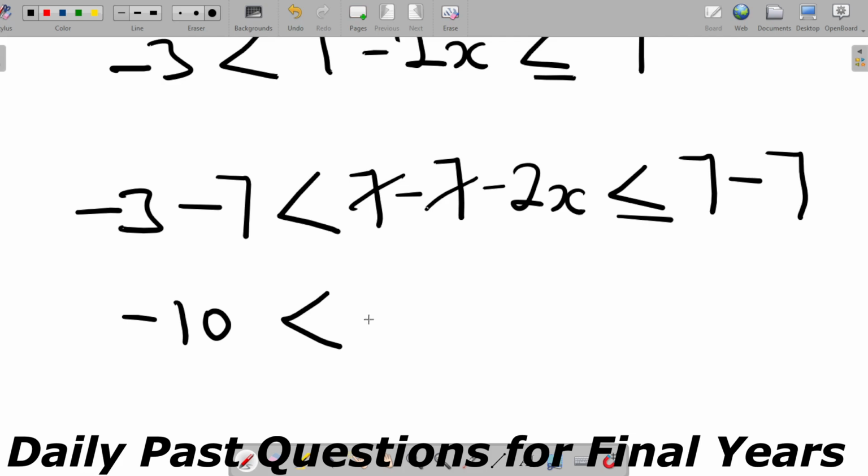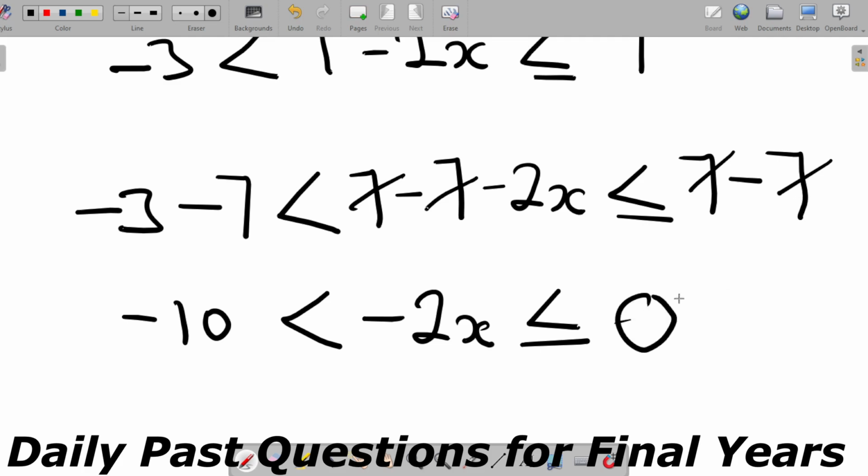So now we have -2x, and then less than or equal to. Here too, this 7 will take care of this one, because this is positive 7 and -7. So it's like you are owing someone 7 cedis, and now today you have 7 cedis. When you pay off, you leave nothing, so you have 0 here.